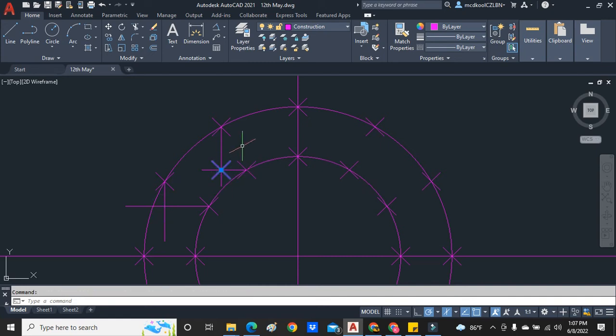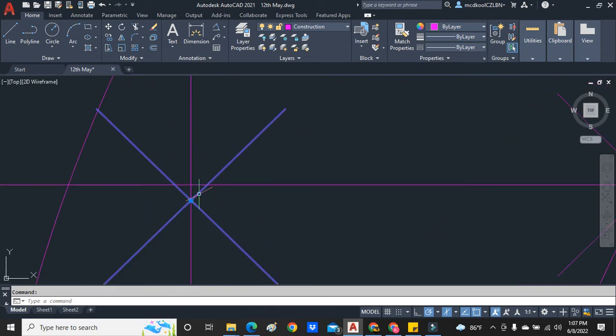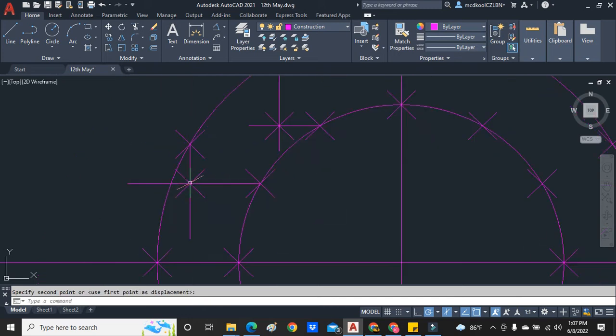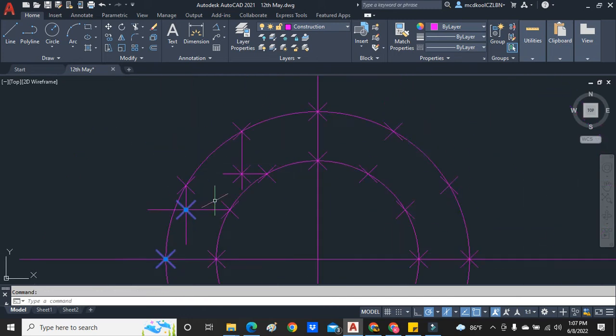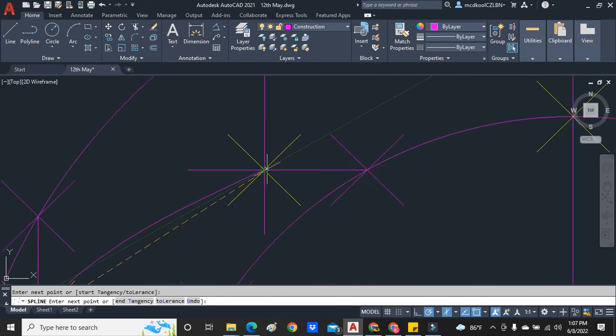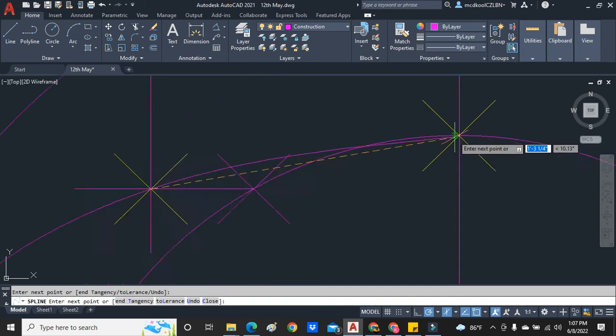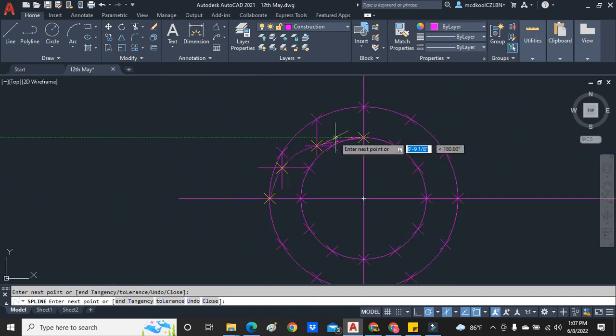So let's put a few points on them. And I'll just change the color. And we are going to use a spline. And this will give us the first curve of the ellipse.